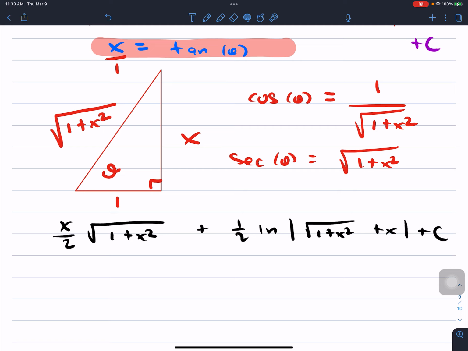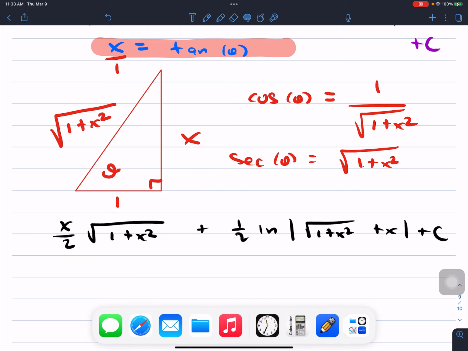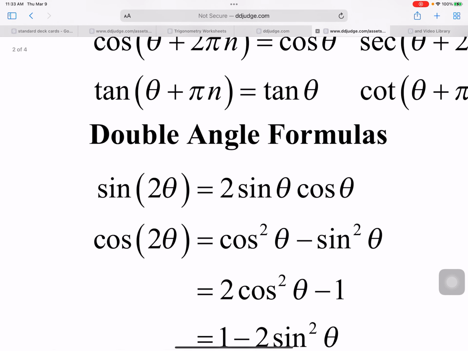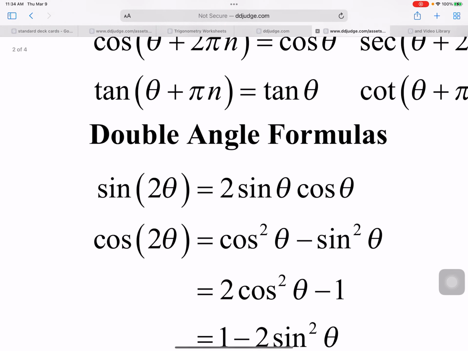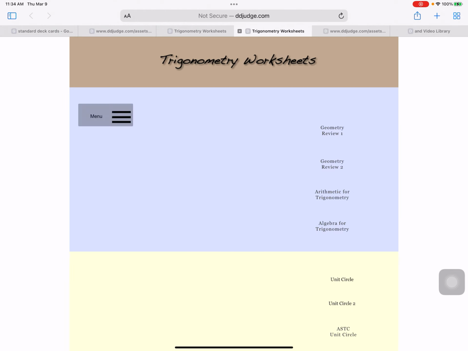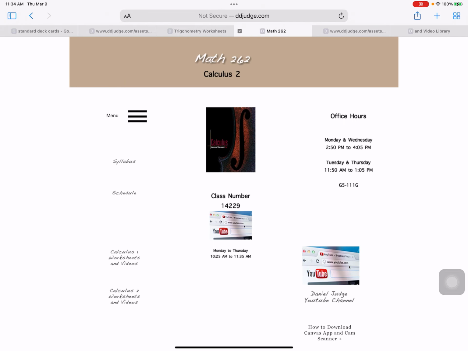And that's case number what? 2. Now, let's say, where are we at? 262.